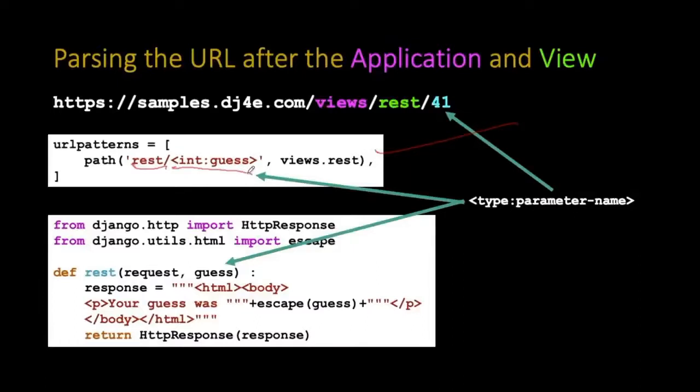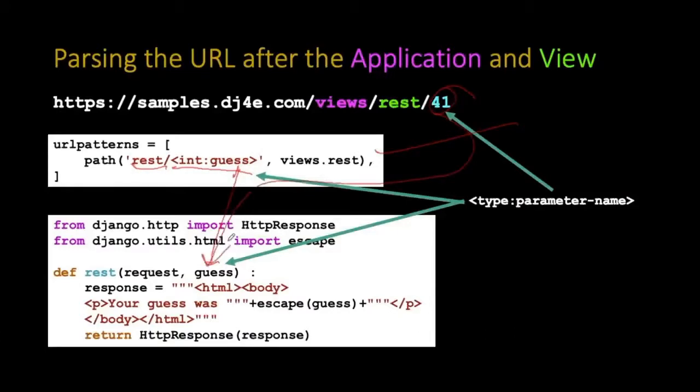And what that is, and you can go look this up in the Django documentation, there's a whole series of these things, that says the parameter after the word rest is an integer, and please pass it in as the parameter guess. So I've chosen the name to pass it in as a parameter, and then once Django sees this, it pulls that 41 off and hands it to us.